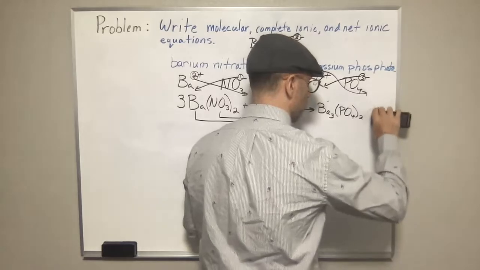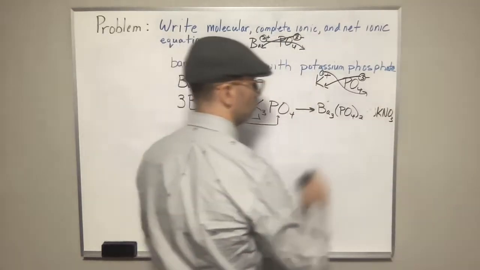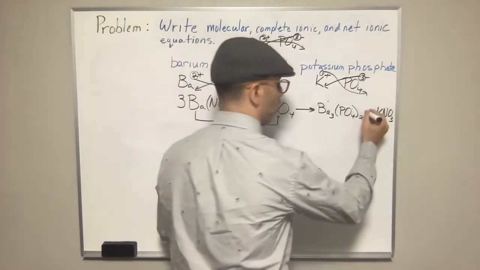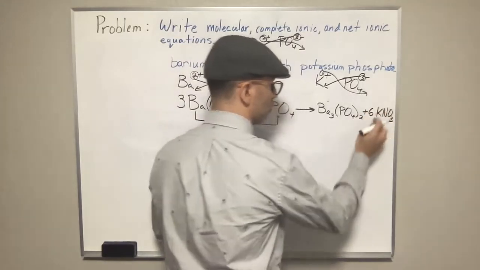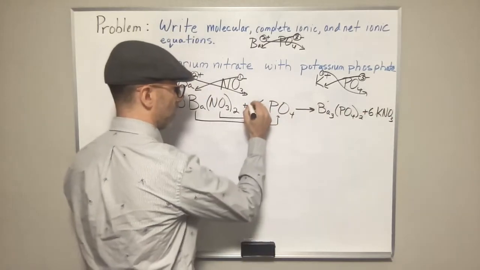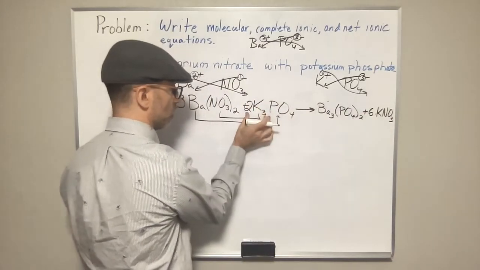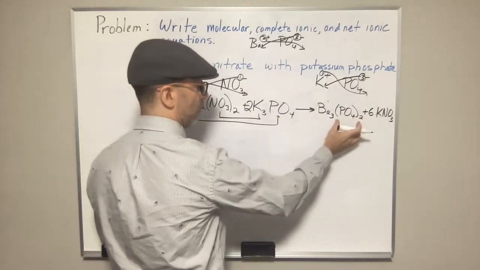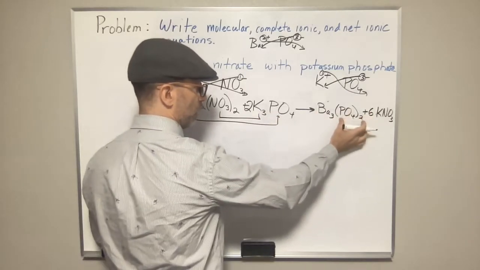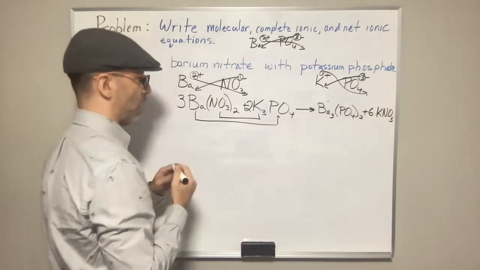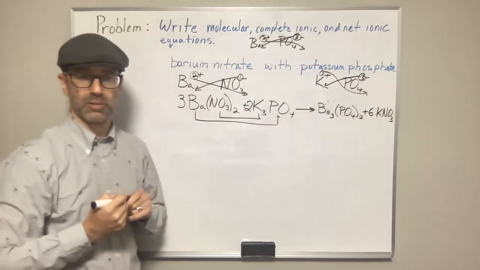So let me erase that. Oops. All right, so I'm going to have a 6 there. So now I have 6 potassium, and I need to put a 2 there for the 6 potassium. So that's balanced. And then for my phosphate, I have 2 phosphates there, and now I have the 2 phosphates. So now I have a balanced chemical equation.